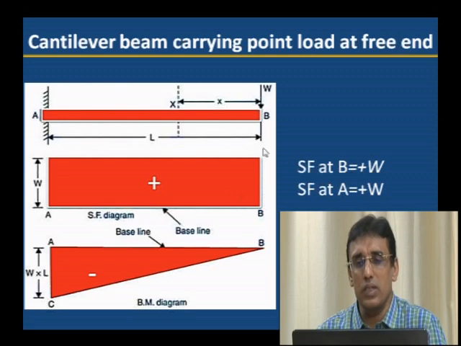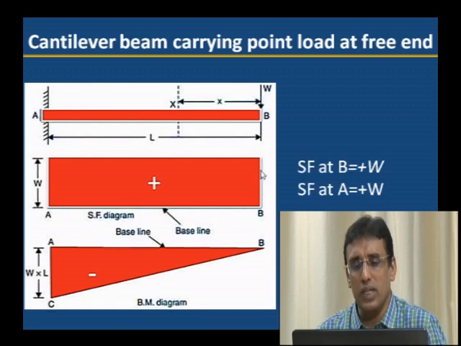Similarly, shear force is maximum at the fixed end, and it is also W at the free end.